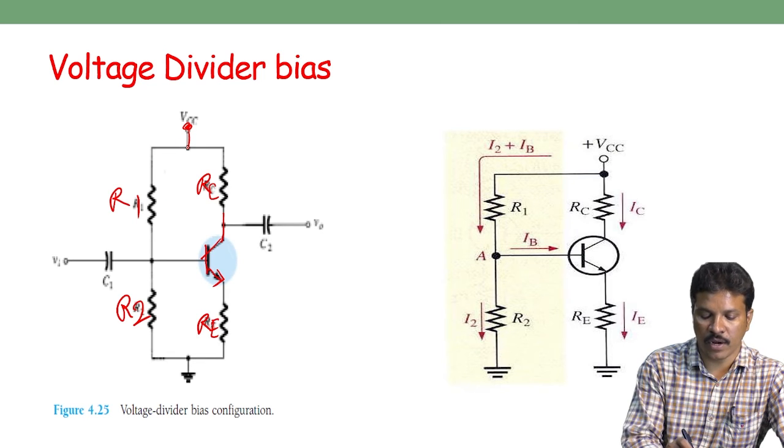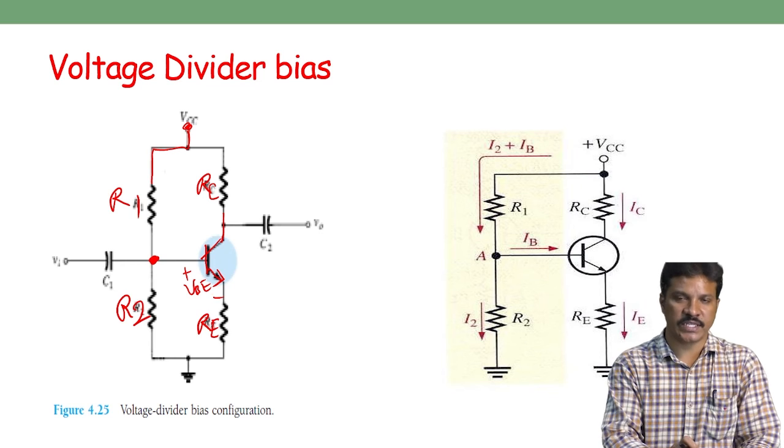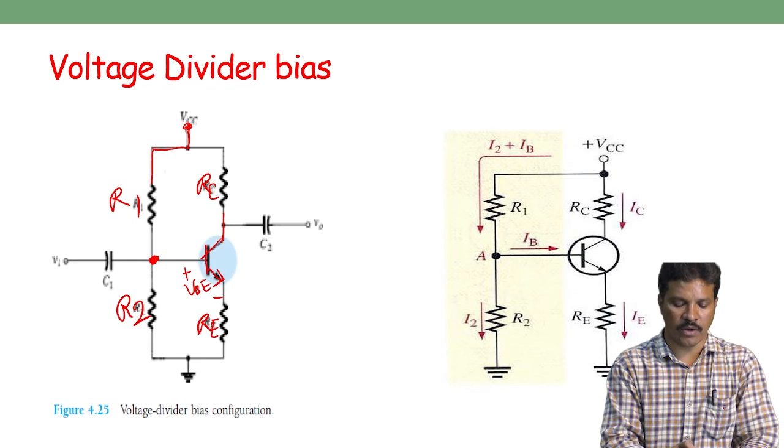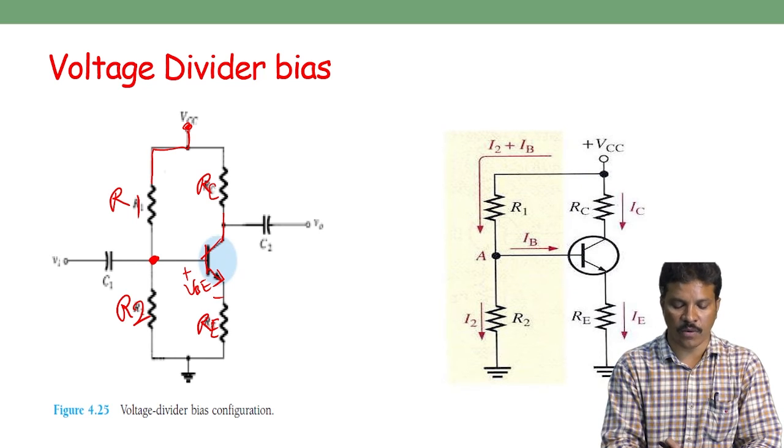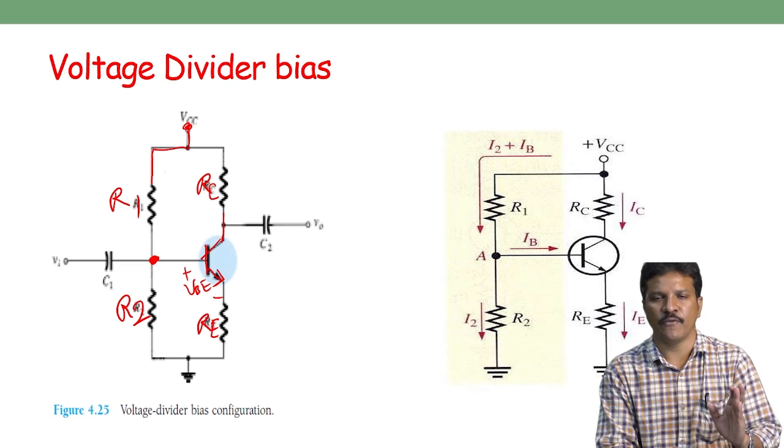When we connect R1, the biasing current flows through R1 and the voltage developed across the base point makes the transistor turn on. But in this case, we use two resistors, R1 on the upper side and R2 connected from base to ground. It is like a voltage division rule. The two resistors are connected in voltage division.